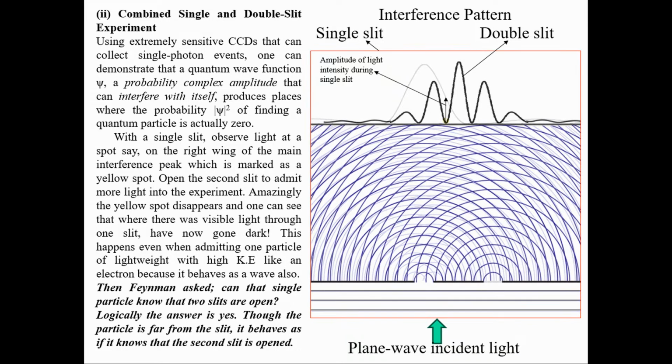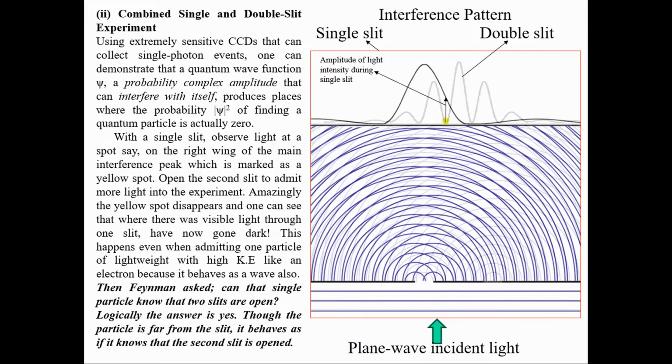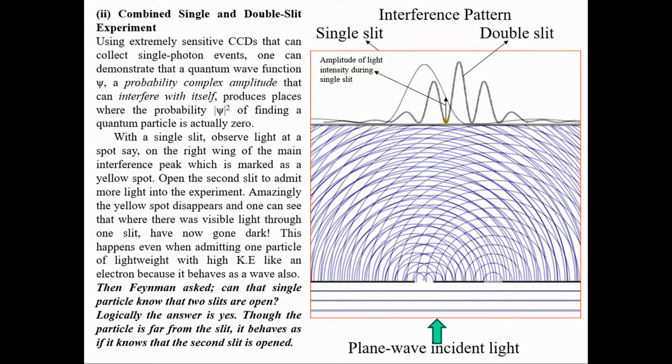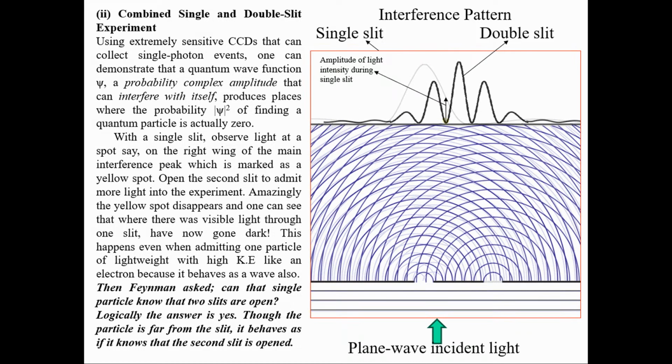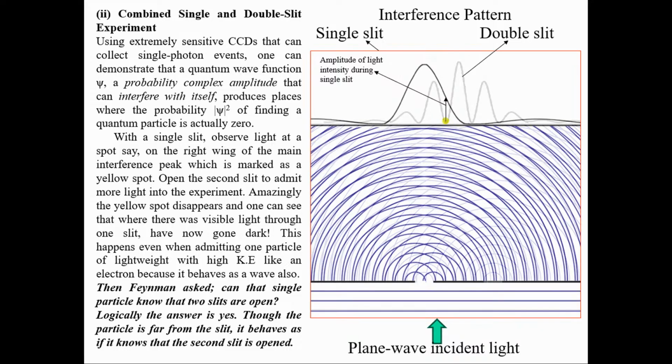So in a single slit system, you will have an interference pattern. Now you see here at a yellow point, there is some amplitude, that means intensity is there. But as soon as the second slit is opened, that yellow spot becomes zero.